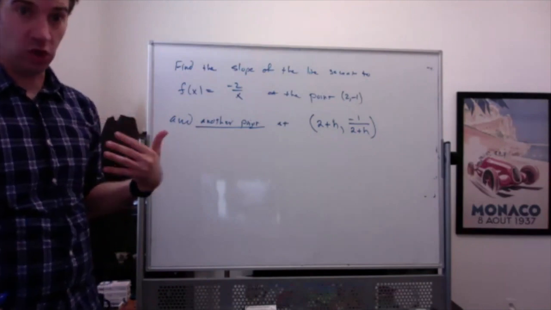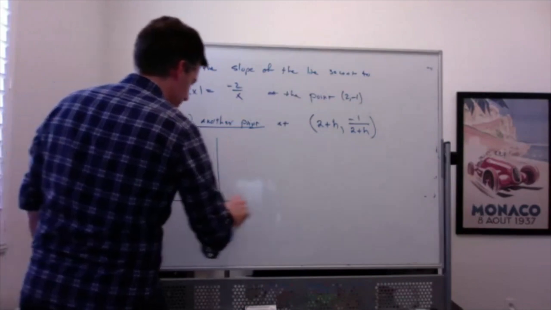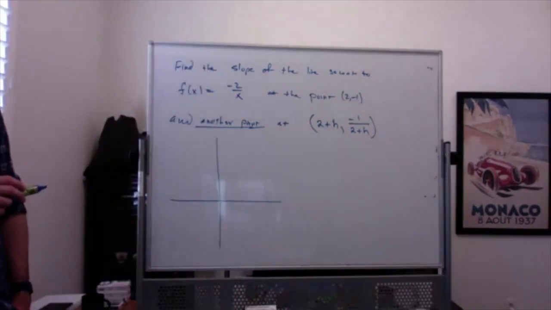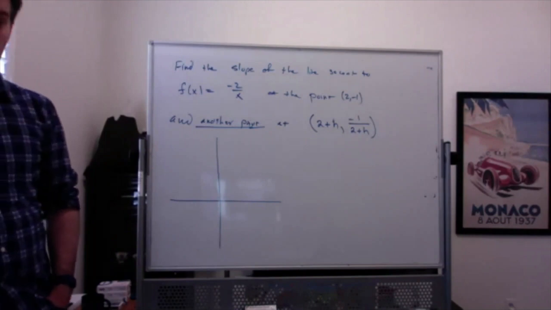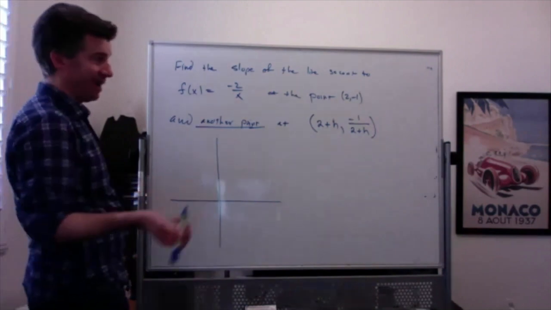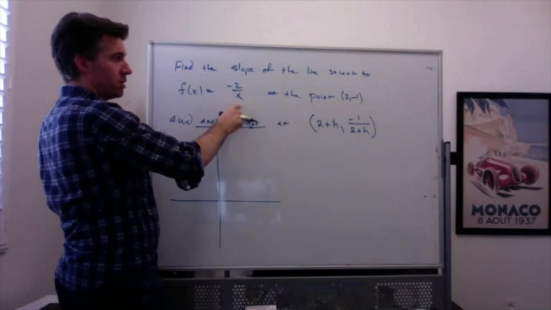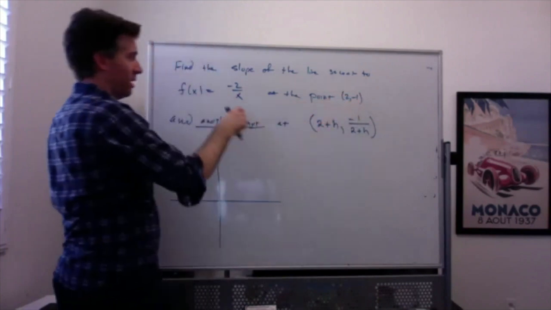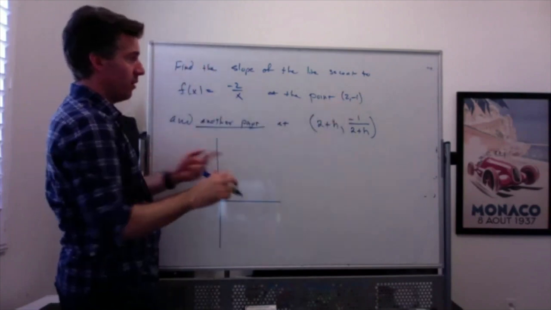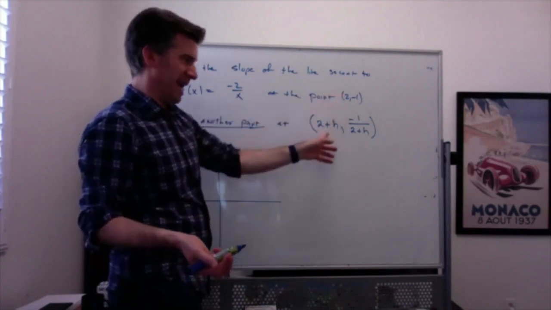Let's draw a picture. Wait, I had a question. I was wondering if you could explain the y coordinate of the other point, why it's like that. So what I'm doing for the y coordinate is I'm just plugging in the x coordinate. For this one, I plugged in 2 and I got -1 because -2 divided by 2 is -1. For this one, I wanted to make my x coordinate h to the right, so I did 2 and I added h.